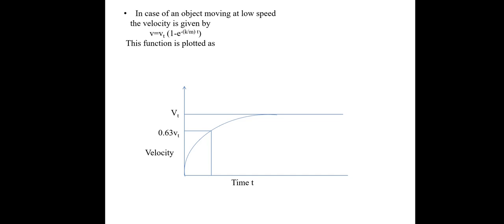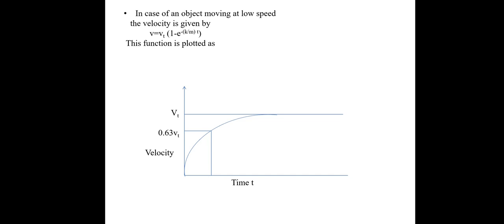If you plot the graph, it shows exponential variation. At time t equal to 0, v also equals 0. As t increases, v also increases, and at infinite time it attains terminal velocity.